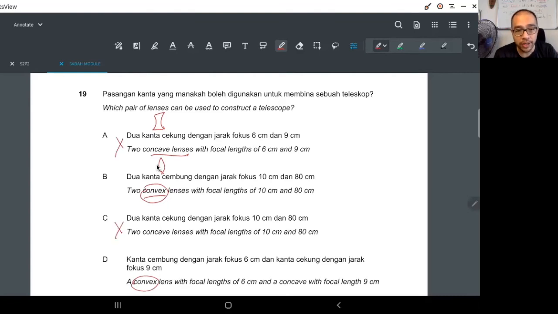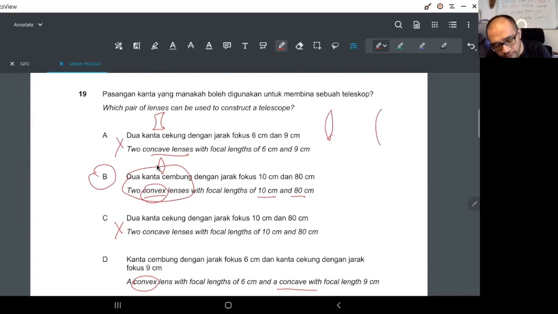Now we take a look at this. Two convex lenses with focal lengths of 10 and 80. A convex lens with focal length of 6 and a concave lens, no need. Okay, you would see this is enough. A telescope is one of those amazing marvels where you have two convex lenses: the objective lens and the eyepiece lens.